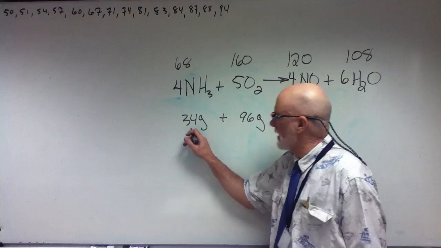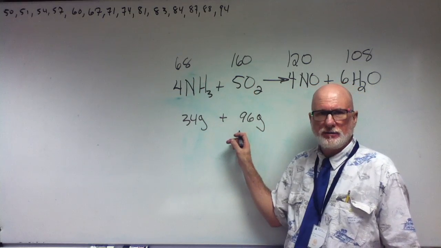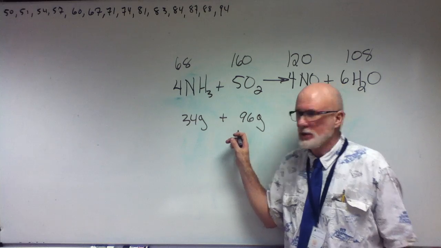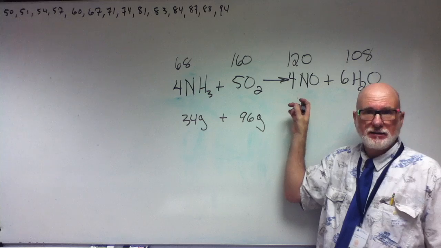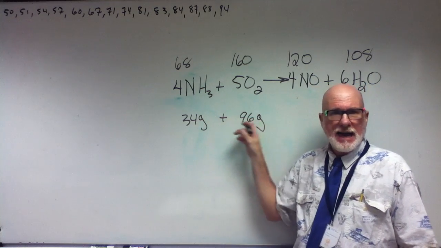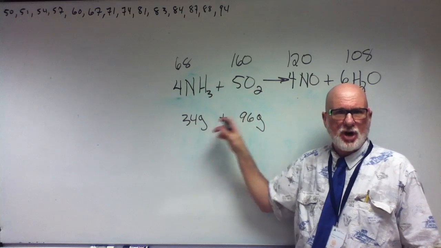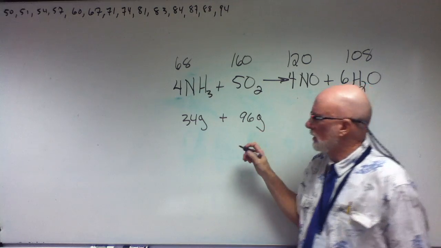So if I have this much ammonia reacting with this much oxygen, what's going to be the final pressure of just the nitrous oxide? But are they all going to react, or is there going to be some excess left over? Maybe. Well, let's see.